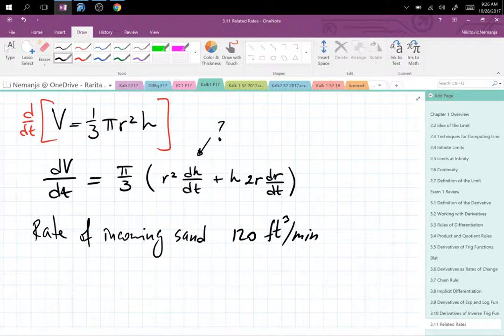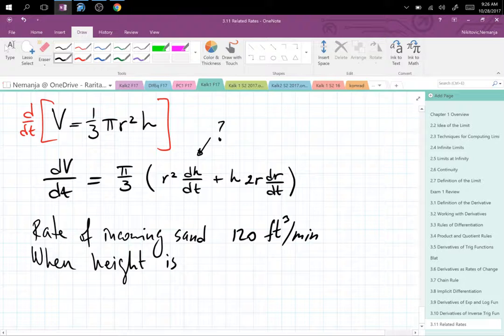And we can also say that the instant we are looking at is when the height is, they give us, 10 feet tall. So height is 10 feet tall.